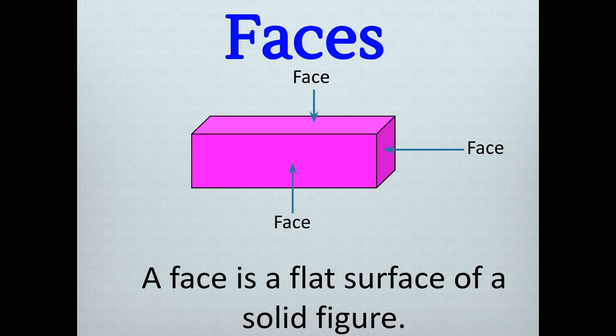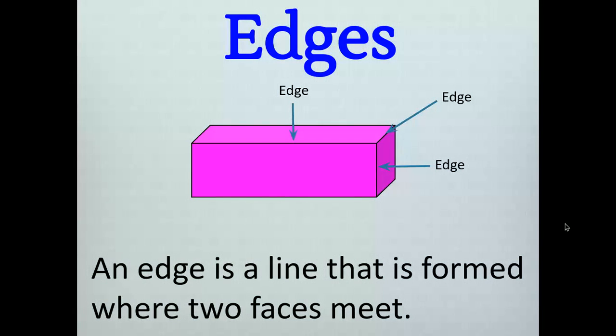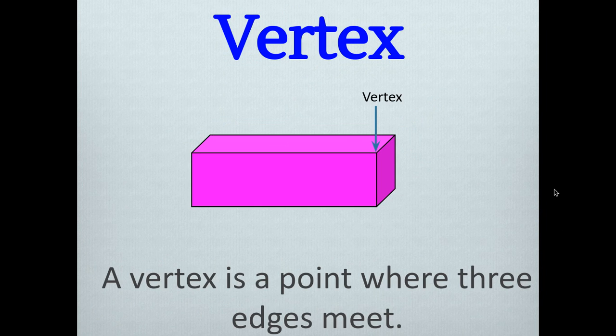A face is a flat surface of a solid figure. An edge is a line that is formed where the two faces meet. Where two faces meet is called an edge. A vertex is a point where three edges meet.